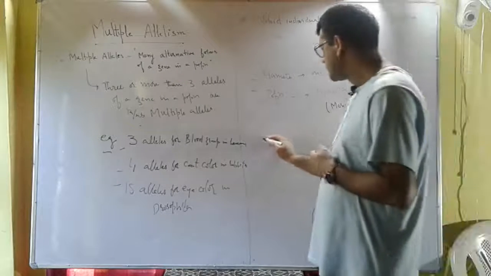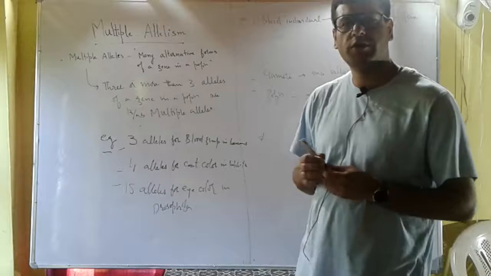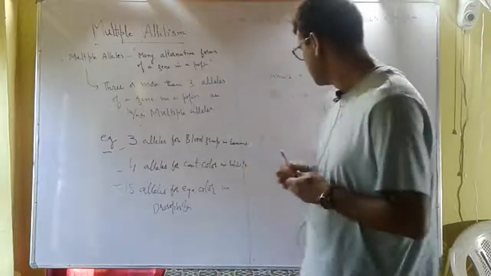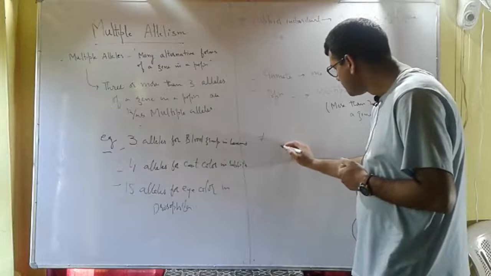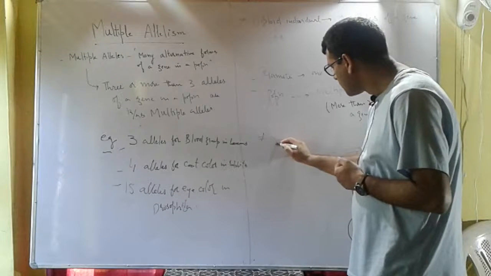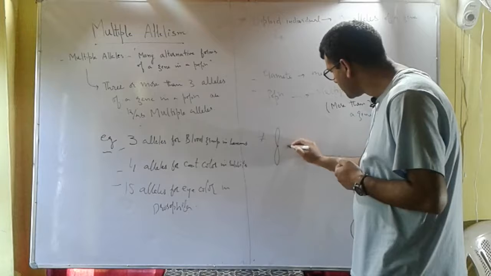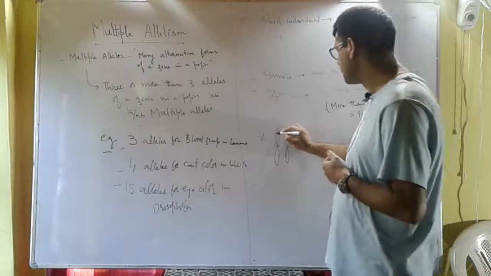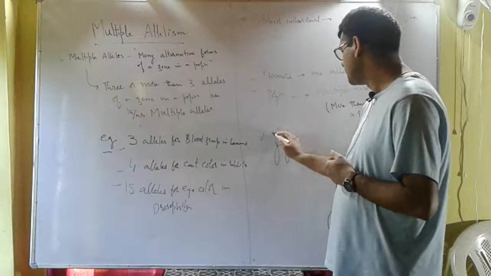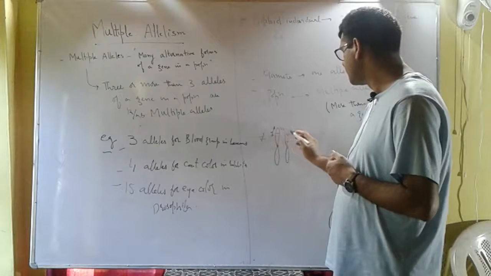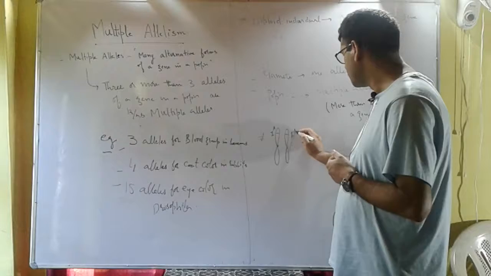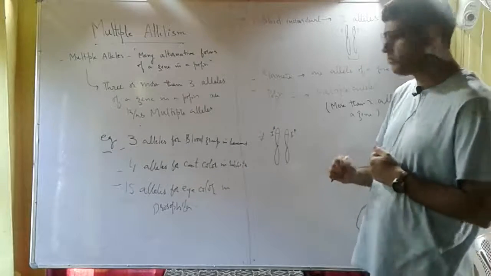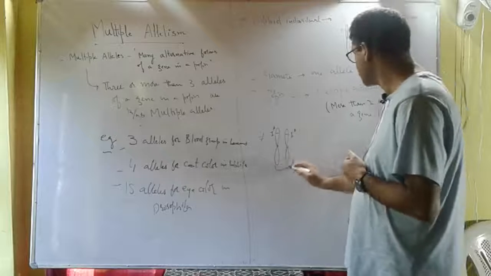And these multiple alleles occupy the same locus on the homologous chromosomes. For example, we have blood group. This is IA, which controls blood group in humans.